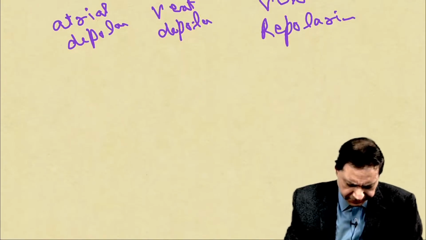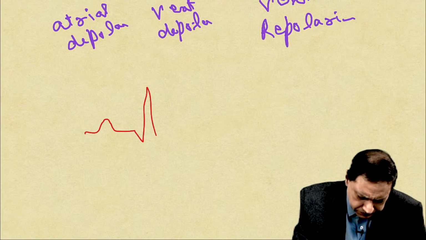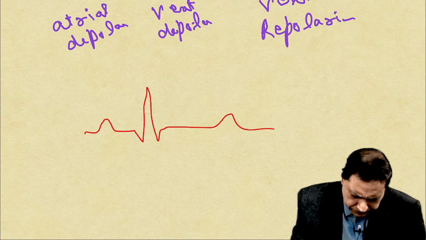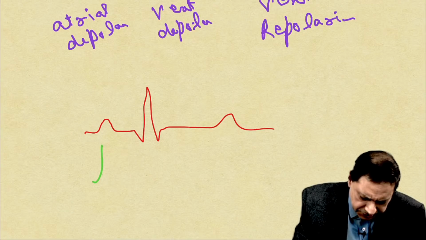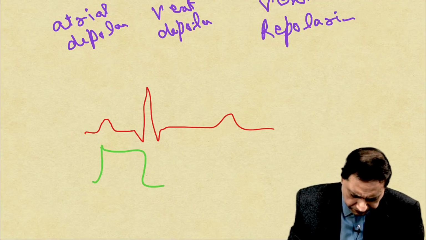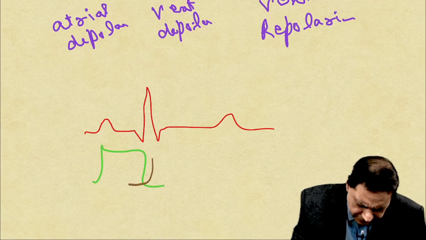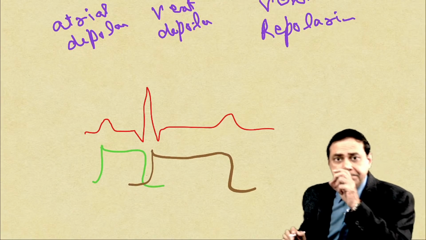If I draw it like this, this is atrial depolarization, this is atrial repolarization, which we don't record usually. This is ventricular depolarization, this is ventricular repolarization.